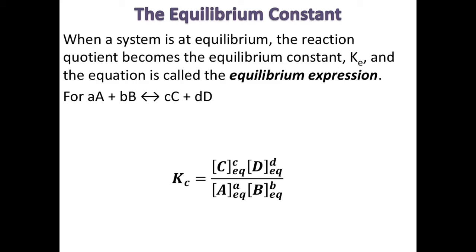So we can use equilibrium concentrations to determine the equilibrium constant, and later we'll see that we can compare the equilibrium constant to the reaction quotient to determine if a reaction is actually at equilibrium.